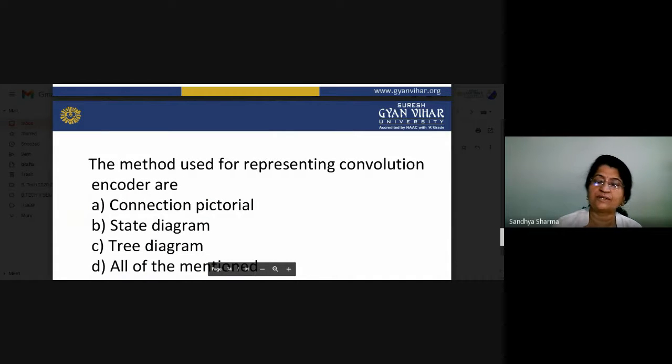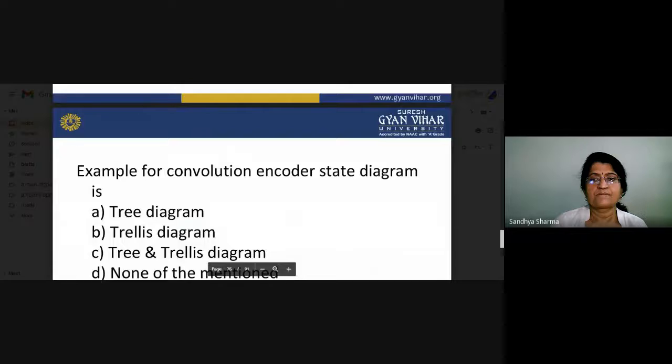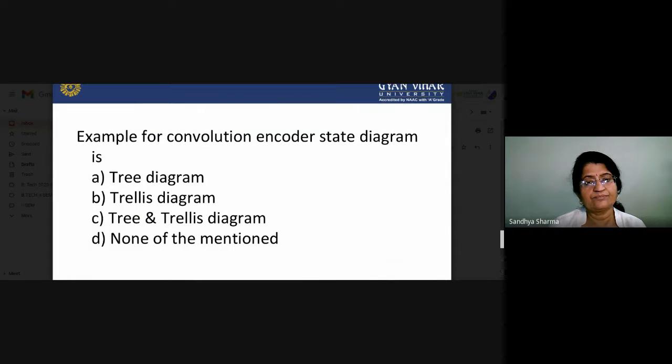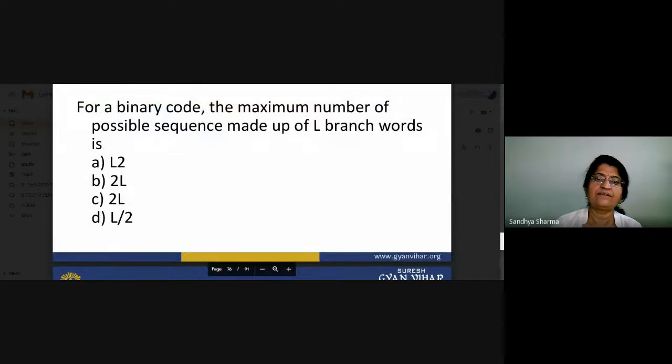So what about the convolution encoder? We have told you so many things about the convolution encoder. So what is the state diagram, and how can you decide your state in this diagram? For example, which one is an example of your state diagram? Binary code, if you are talking about the maximum number of possible sequences made up of L branch words. If you are talking about the code tree, how many branches are there?